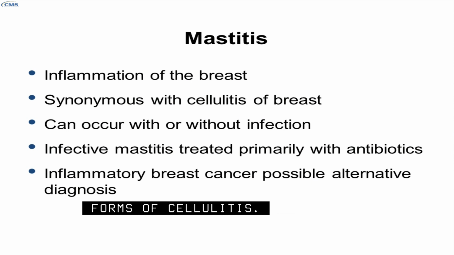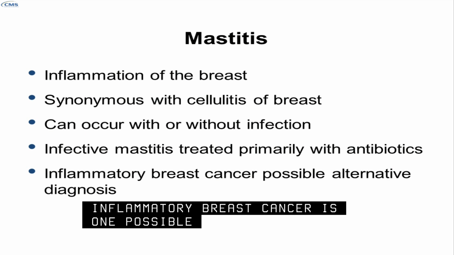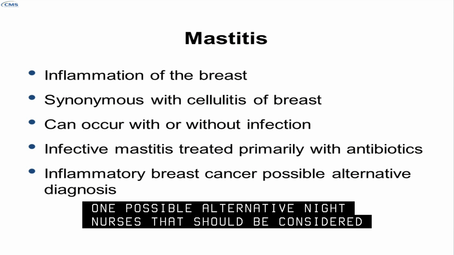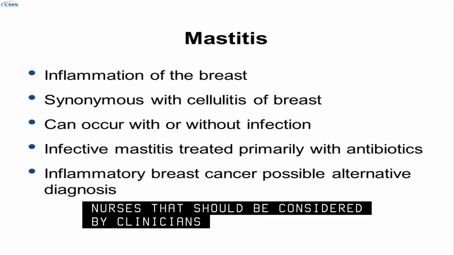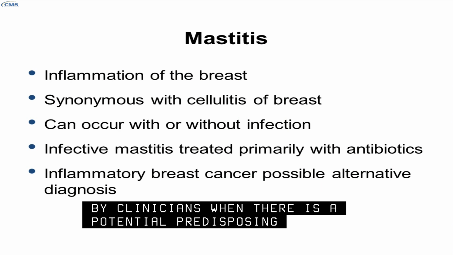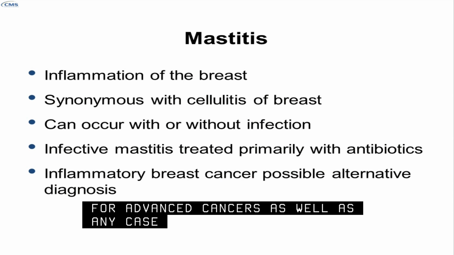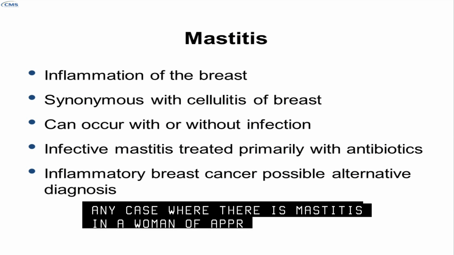Inflammatory breast cancer is one possible alternative diagnosis that should be considered by clinicians when there are potential predisposing factors for an advanced cancer, as well as any case in which there's a mastitis in a woman of an appropriate age for neoplasia risk that is not responding to antibiotic treatment.